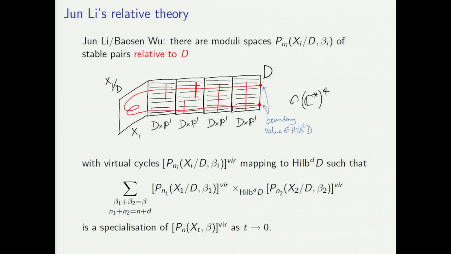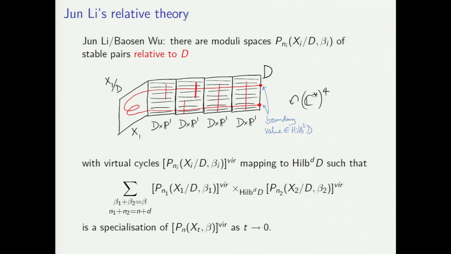So if I move this curve by C star to lie over here, that's just the same. And I only take curves with finite numbers of automorphisms. So I'm not allowed to just add a bubble which is completely empty, because then I'll have curves with a whole C star of automorphisms, and those won't be in the moduli space. All right, so because of this, I end up with certain moduli spaces, which are Deligne-Mumford stacks.